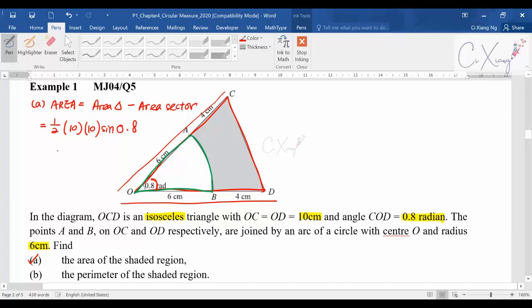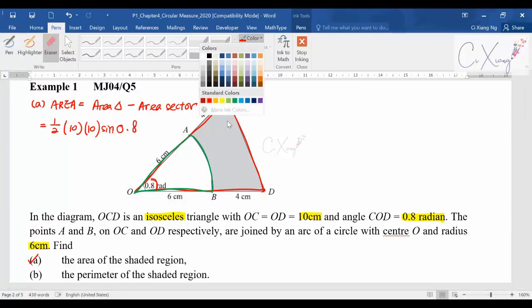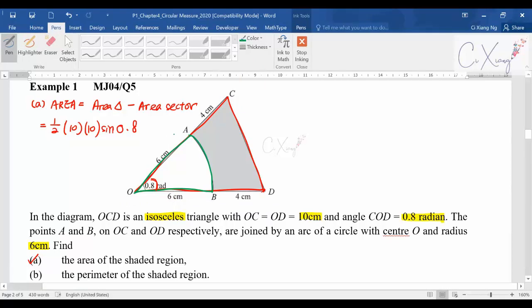Okay, and after that you have to minus the area of sector. So how to minus the area of sector? Half R, oh sorry, your R is not 6 here, right? Because if you refer to the green color part, you will see that the radius is 6 only here.